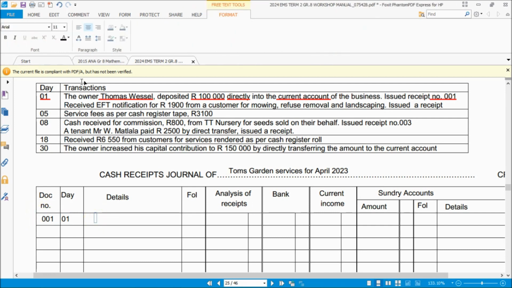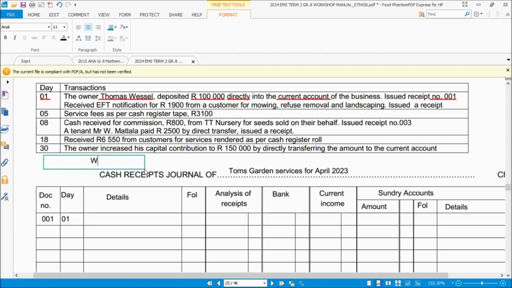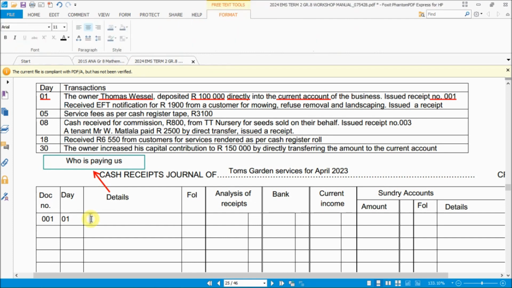Details, who is paying me? Let me just put the text box here and then write here, who is paying us. I'm then going to draw an arrow to this block I drew there.